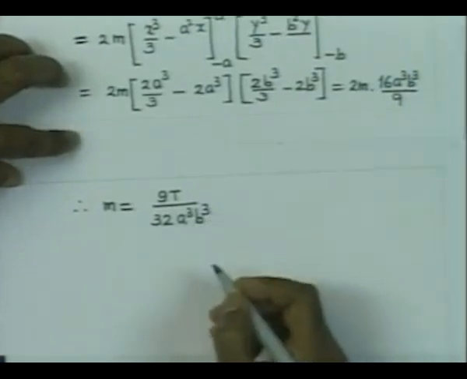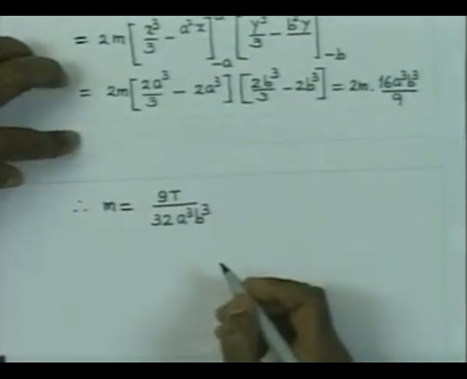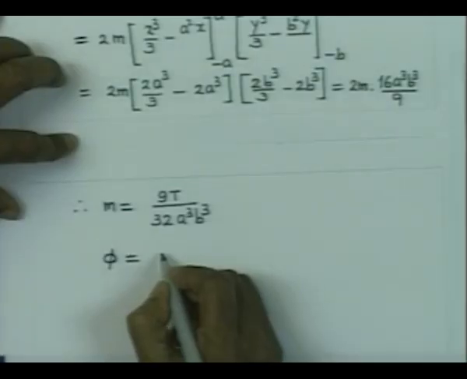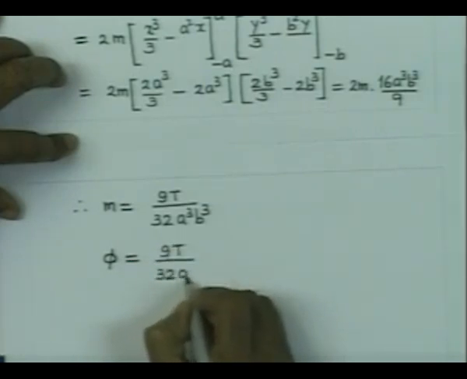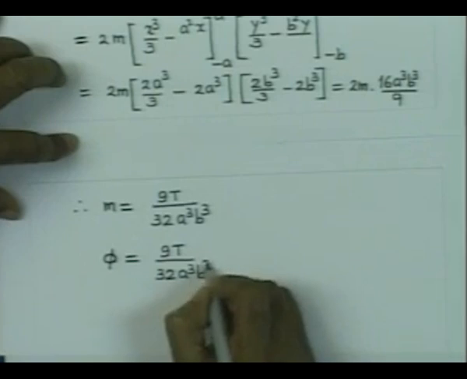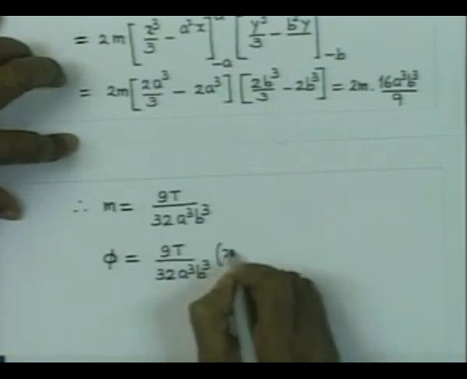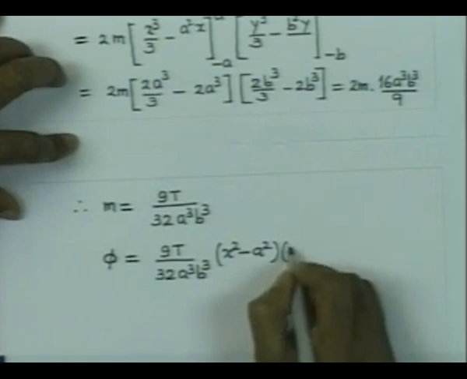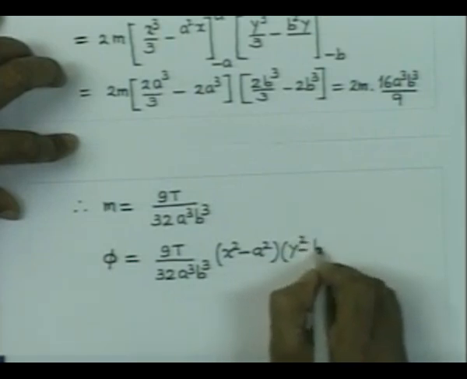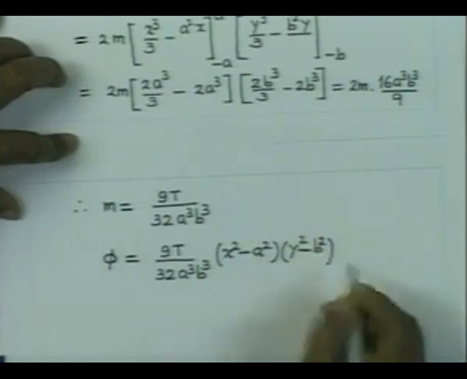So, if you substitute back the value of m, phi is obtained. This is 90 by 32 a cube b cube into x square minus a square into y square minus b square.